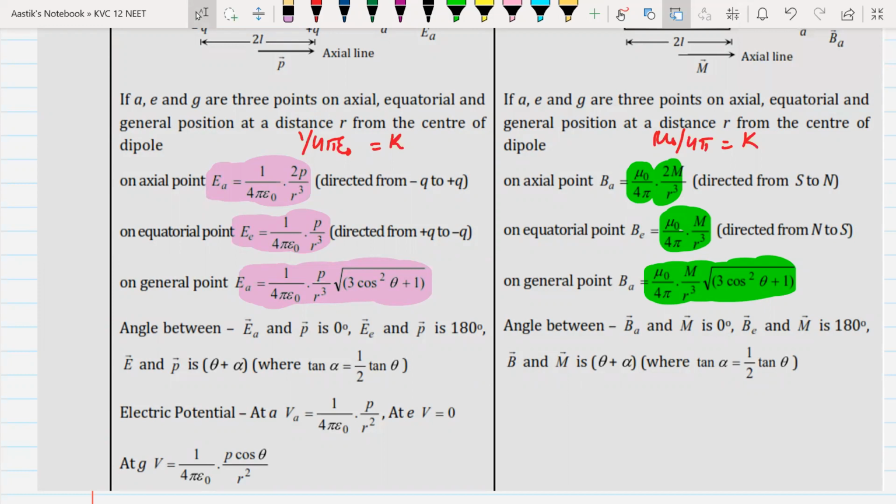Anyone having any doubt, please ask. Formulas are exactly the same. Don't worry. When we do magnetic field, I will come back to these formulae once again and I will show you this table once again. Right now, just note them down, everything together.